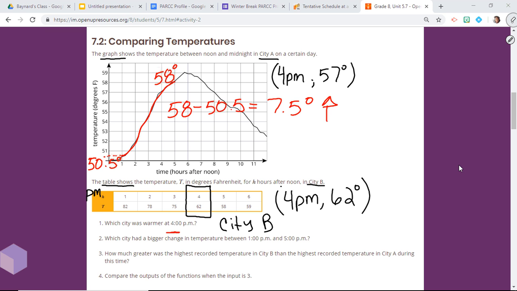Now, if we look at the table to look at City B, at 1 o'clock we started at 82 degrees, and at 5 p.m. the temperature dropped to 58 degrees. So again, we're going to do the same process. 82 degrees minus 58 degrees. I'll give you a chance to figure that out.